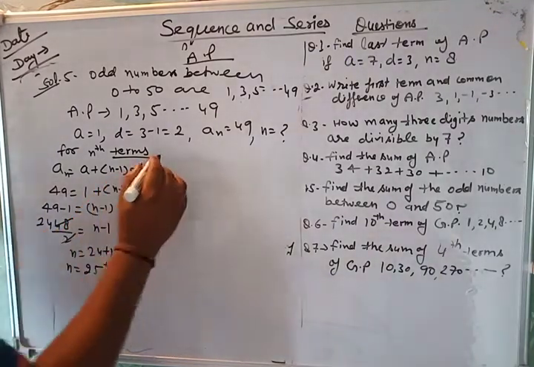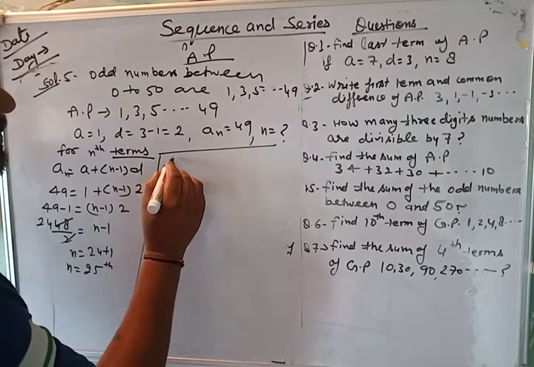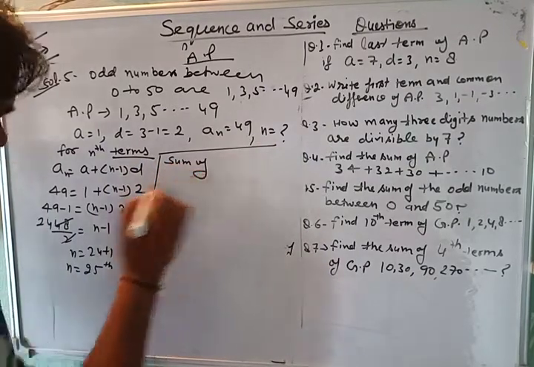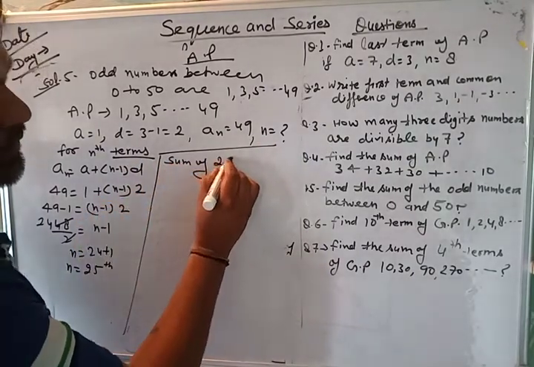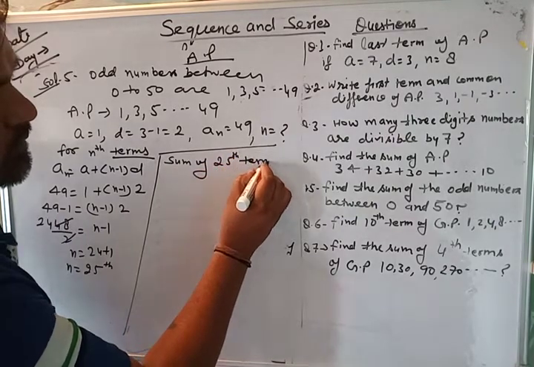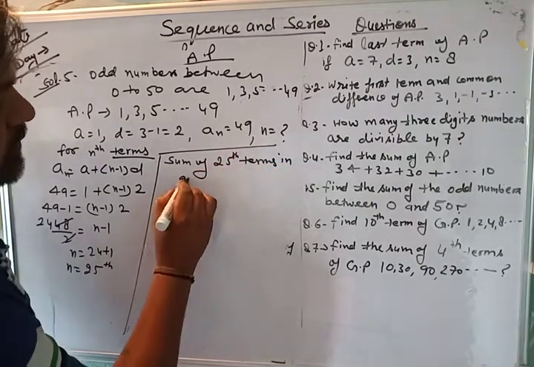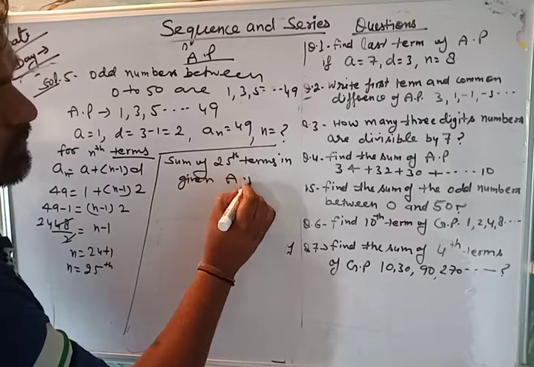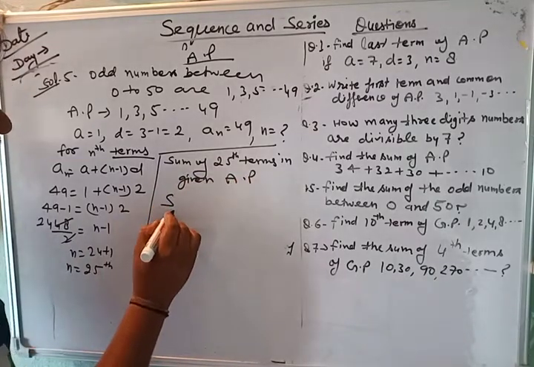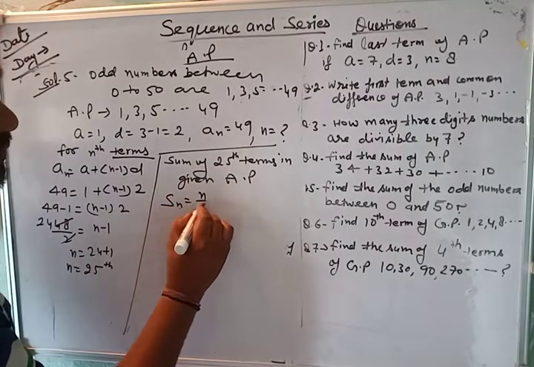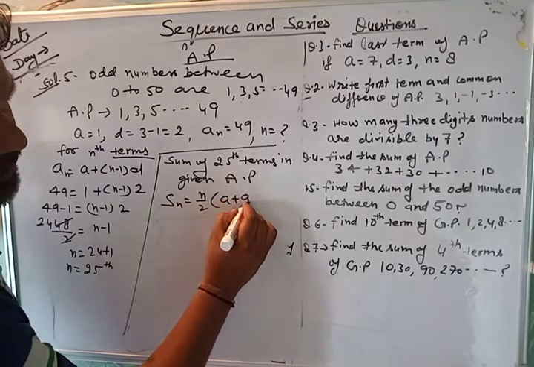Now again, sum of 20 terms in given AP. So now use Sn equal to n by 2 times (a plus an).